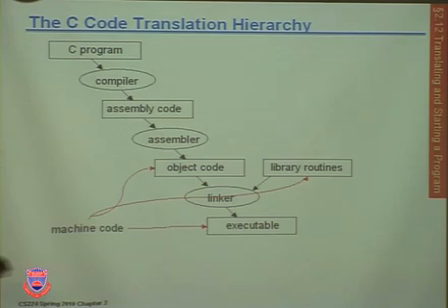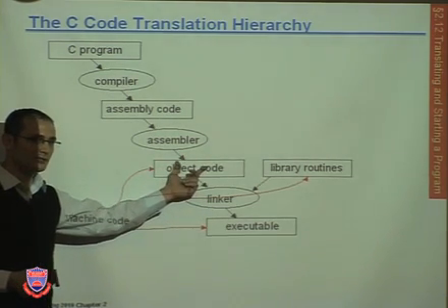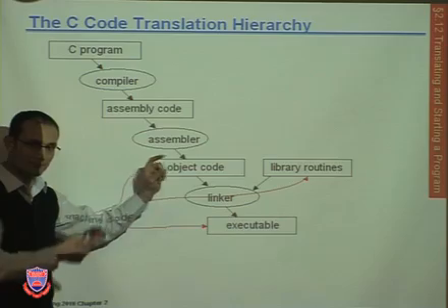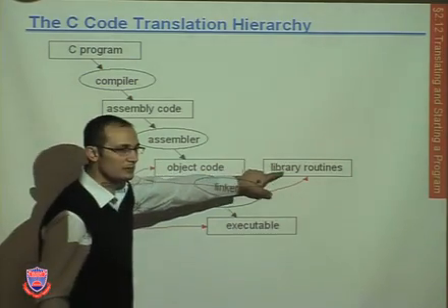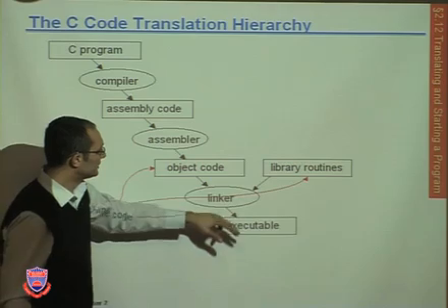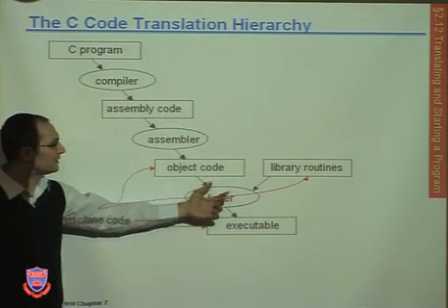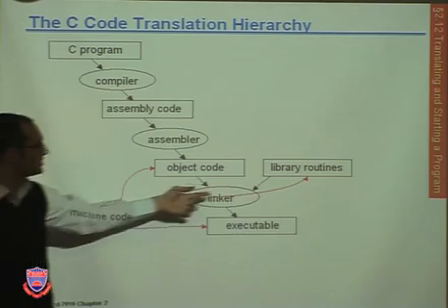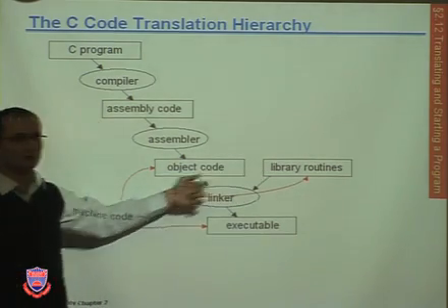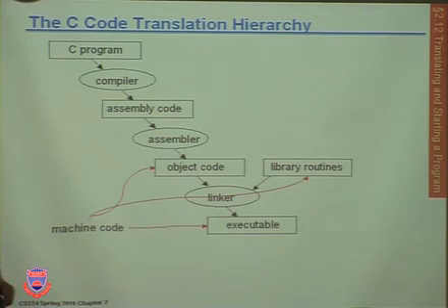So the linker combines the object code that you just compiled for your part of the code, along with the library routines which have already been generated. So you don't need to generate the object code for the library routines every time. They are already available. You can just pick them and link with the linker.